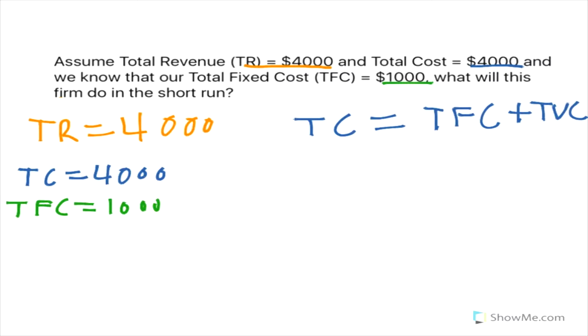So that's the equation to get total cost, right? We know that total cost is equal to total fixed cost plus total variable cost. But they have not given us a total variable cost. But being the economic connoisseurs that we are, we know how to get that from the given information.